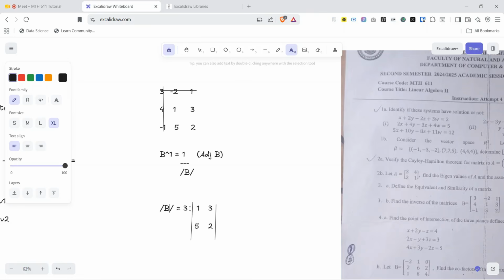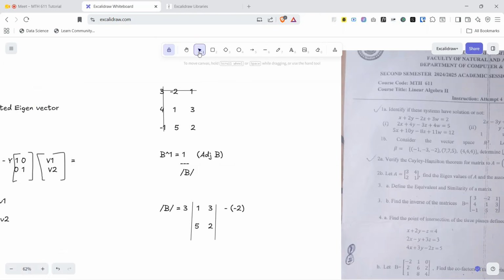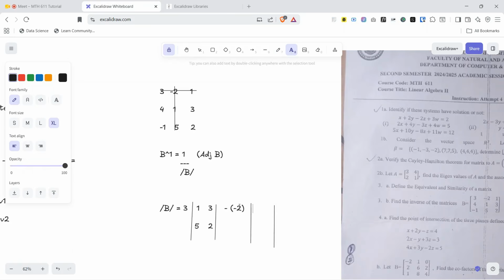Then the second one should be a minus, so that would be minus 2 into the determinant of 4, 3, minus 1, 2.